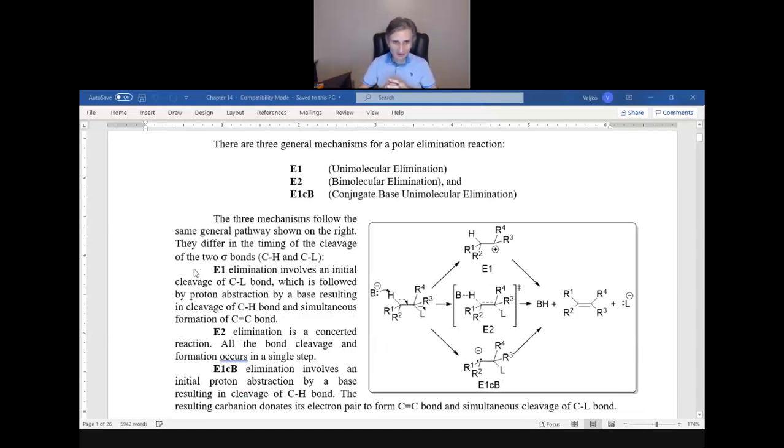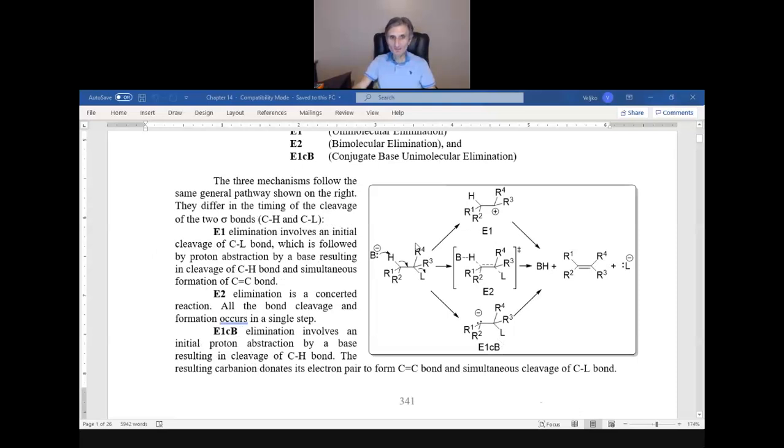The mechanisms are E1, or unimolecular elimination, E2, bimolecular elimination, and E1cB, conjugate base unimolecular elimination. So this lowercase c means that cB is one term. So we read that first, conjugate base, unimolecular elimination. As usual, we read it backwards, but cB is one term, so we read it first.